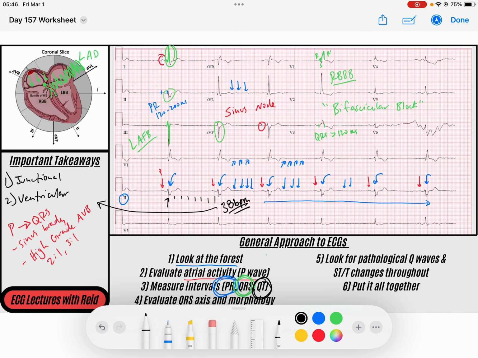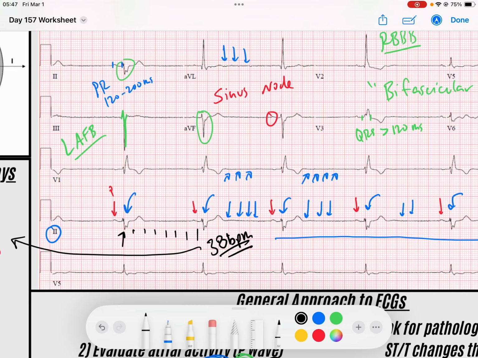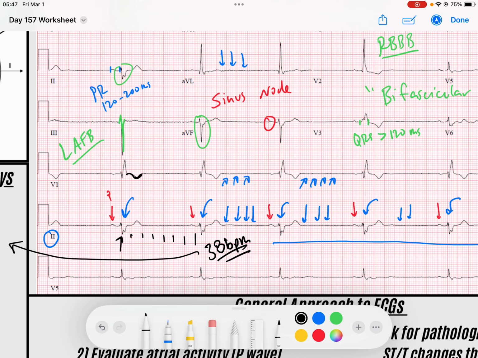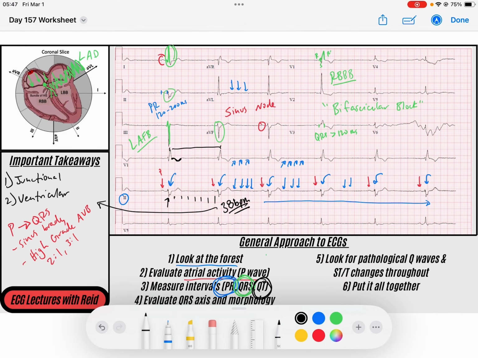I look at the QT interval, and you can correct the QT here. You can see that these T waves, if you corrected that for the rate, I'm not going to do it here, but that's a normal QT interval, right? And so then I look for pathological Q waves and ST and T wave changes throughout, and I don't see any of those, so no acute ischemic changes and no chronic ischemic changes in the setting of like a Q wave.